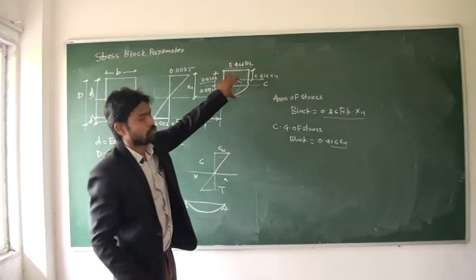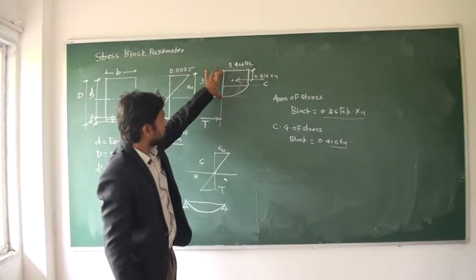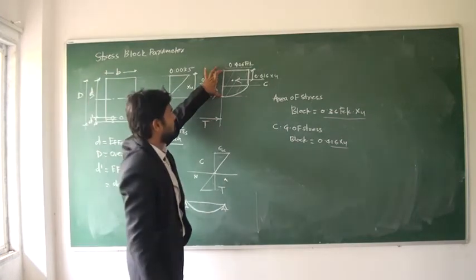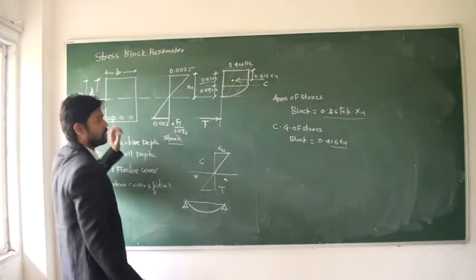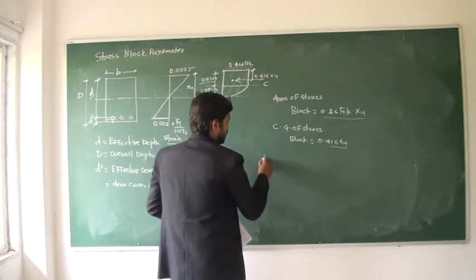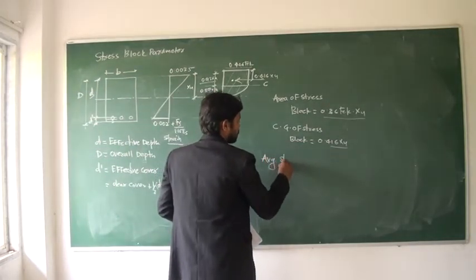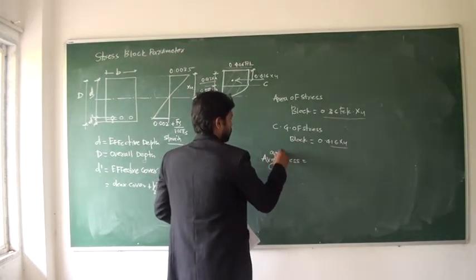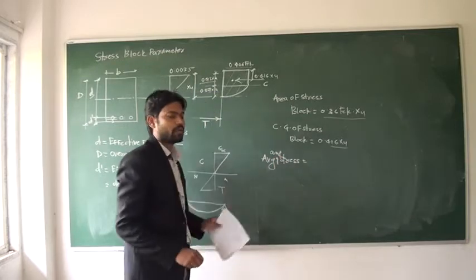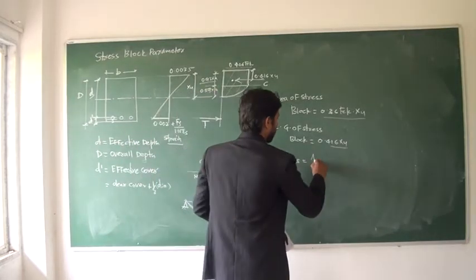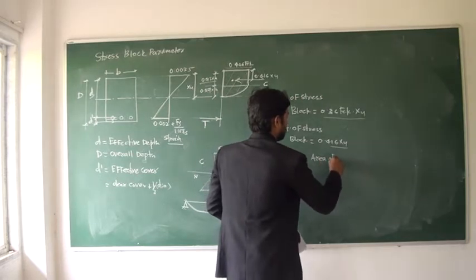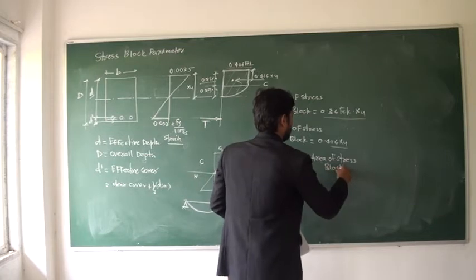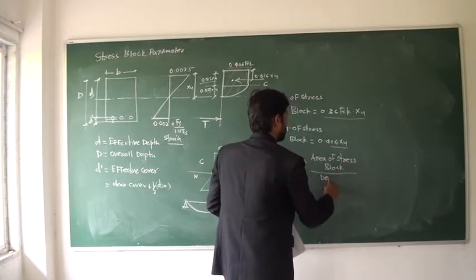Now how will you calculate this total compression? It is the average stress across the block multiplied by the cross sectional area of the beam. So how will you calculate the average compressive stress? For that, just take the area of the stress block divided by the depth of the stress block.